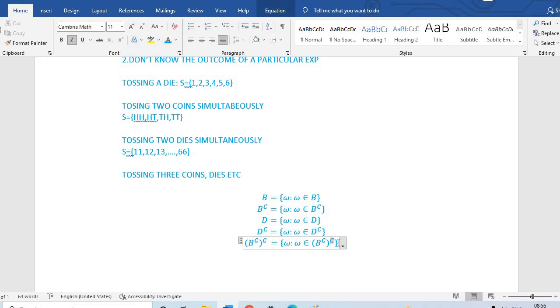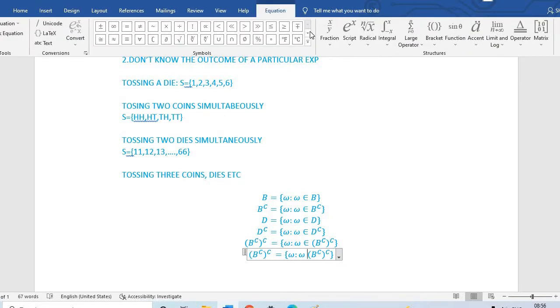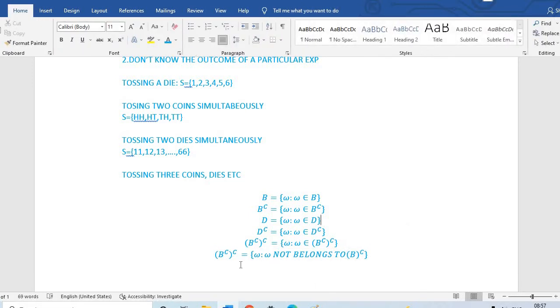That means the set of all omega such that omega does not belong to, then we can remove the complement. Belongs to, we just remove this complement. Okay, so this is the idea.